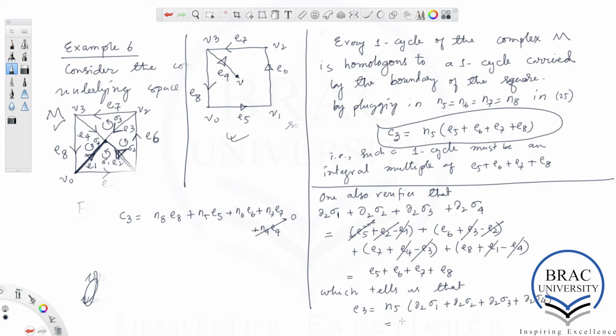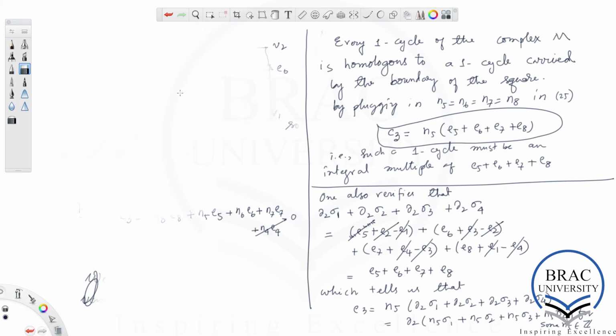Which is nothing but del 2 of n5 sigma 1 plus n5 sigma 2 plus n5 sigma 3 plus n5 sigma 4 for some n5 in the set of integers. Okay, so this is the final expression of C3 being a one cycle.